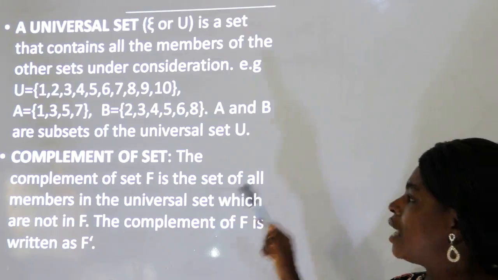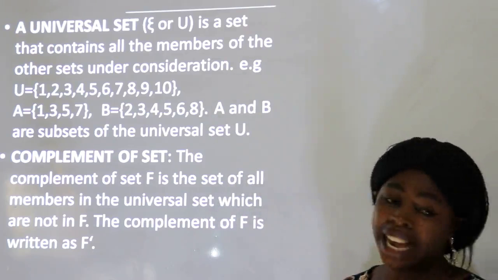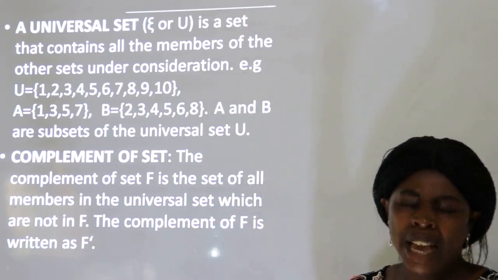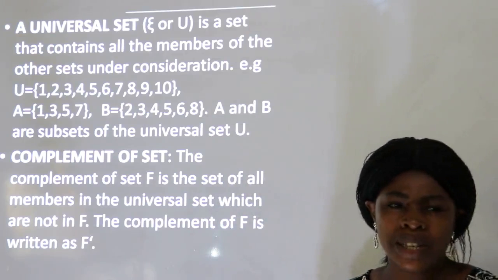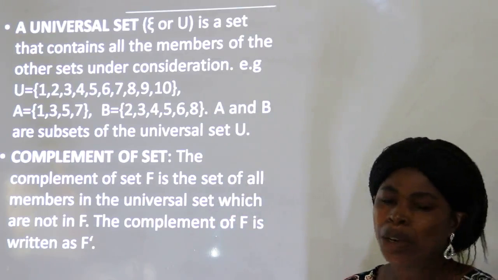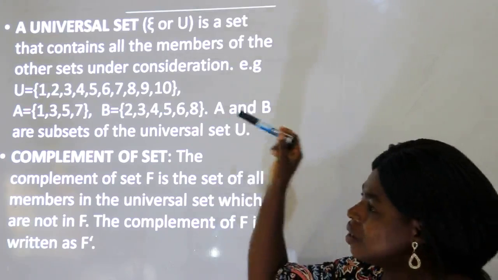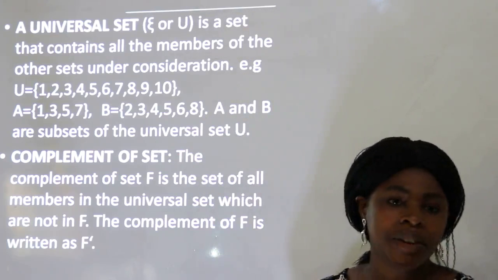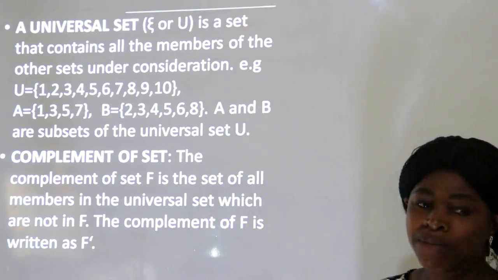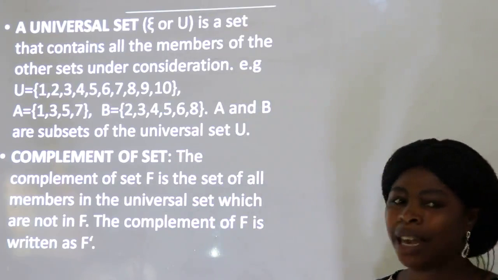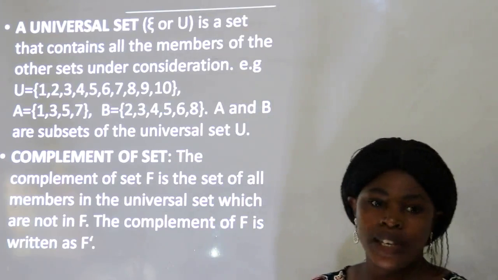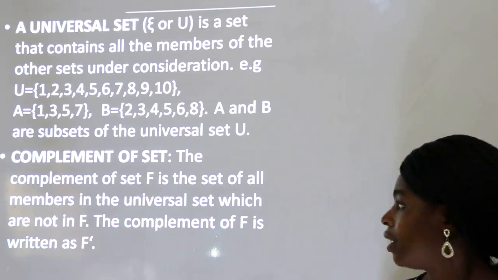Then A and B are subsets of the universal set. So anything you want to discuss, if you have a problem, everything must come from the universal set. You may find the union of the sets, the complement, whatever, all of them should be from the universal set.